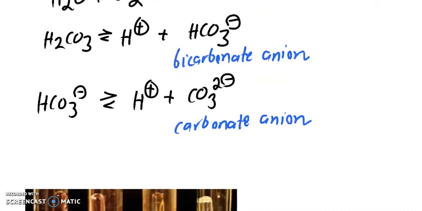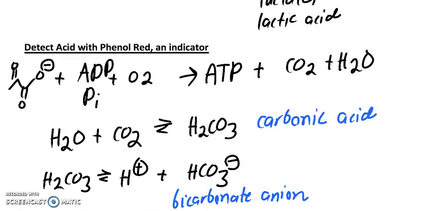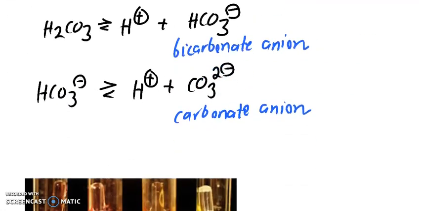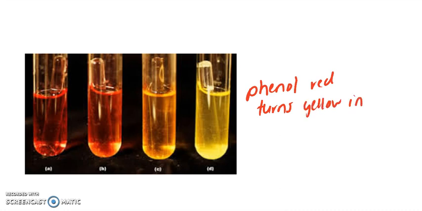Okay. If you were to put this into something called phenol red, this detects acid. It changes color, like so. It will turn yellow in acidic pH. So phenol red turns yellow in acidic pH.